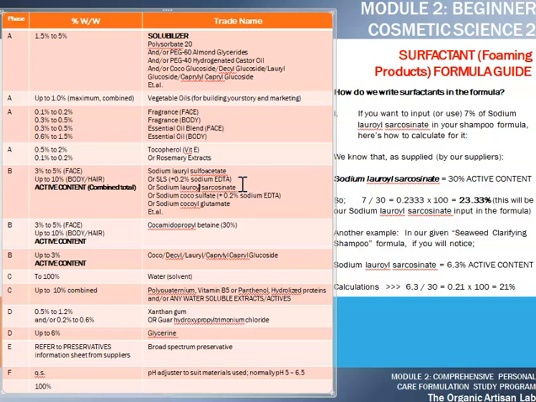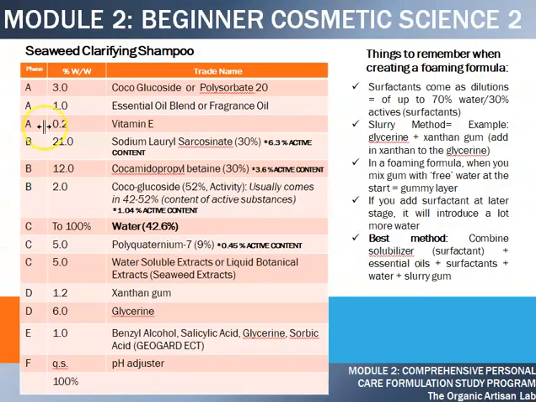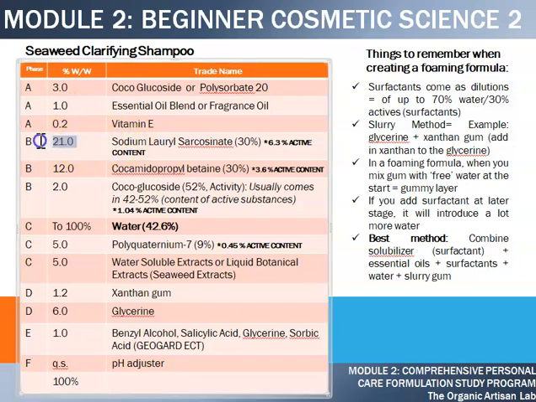Now, remember, sodium lauryl sarcosinate comes in a dilution of 70-30, so we've got only 30% of active surfactant in your material. So if you're going to be using, for example, let's check here, 21% of sodium lauryl sarcosinate in the formula.